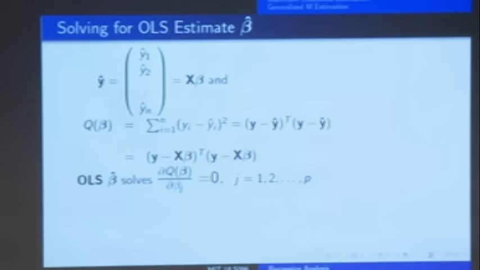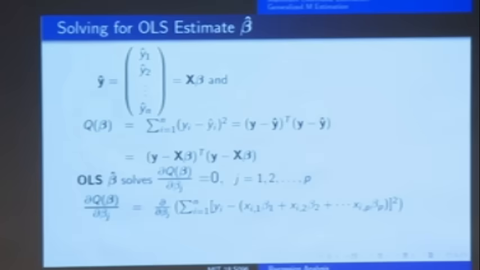Thanks, Seth. So if we want to find a minimum of Q, then that minimum will have, if it's a smooth function, the derivative with respect to beta j equal to zero. Well, you just take the derivative of this sum.